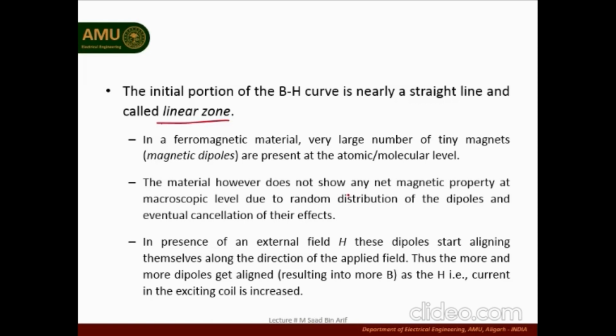And if you look at the atomic level or a molecular level, these tiny magnets, that is dipoles, play a very important role. The magnetic material does not show any net magnetic property at macroscopic level due to the random distribution of the dipoles and eventual cancellation of their effect.